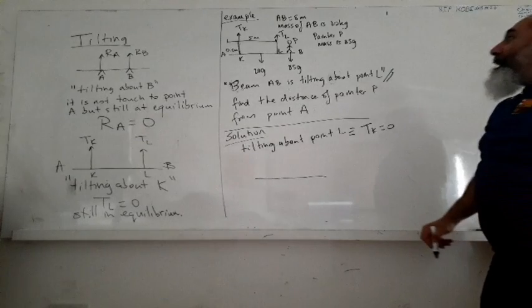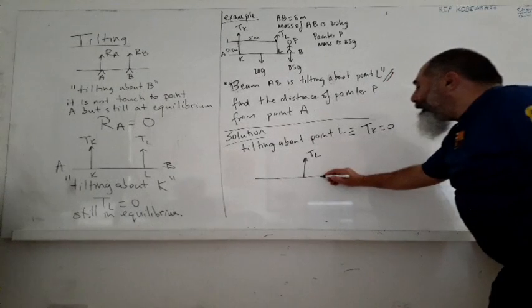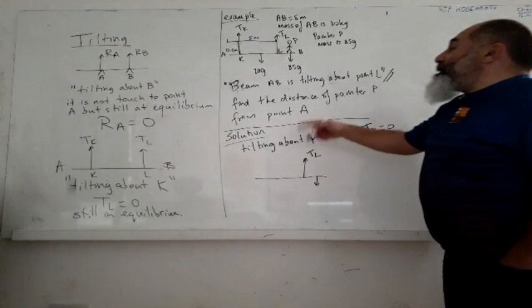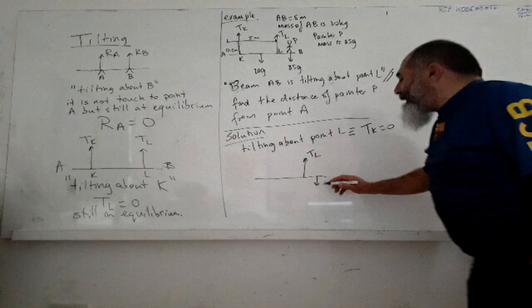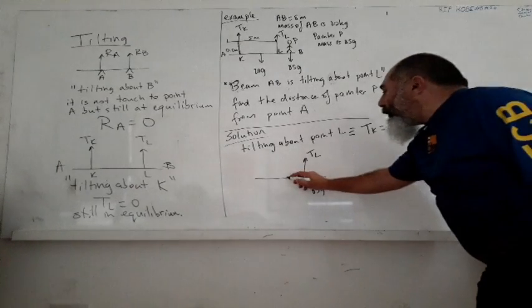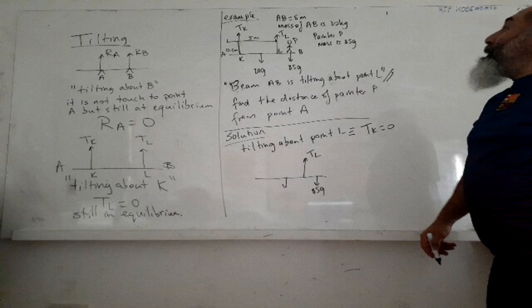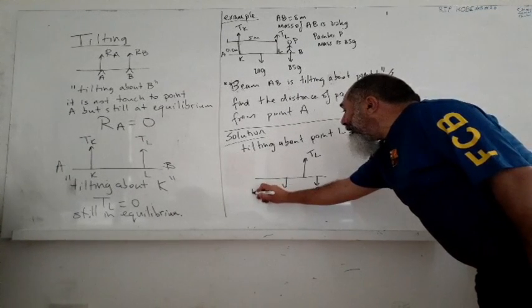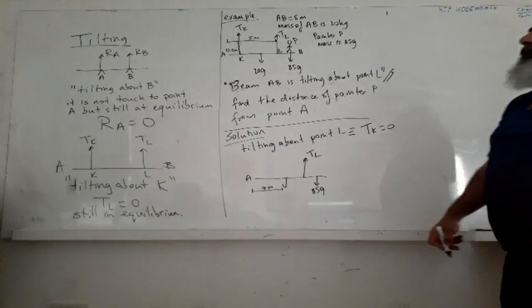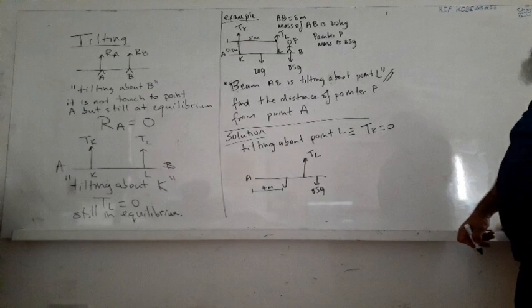Here we have only tension at L. We have the painter here, and we don't know the distance of the painter from point A, but we know its weight, it is 85 G. We know the position of the center of mass of the beam, it is 4 meters from point A because it is at the midpoint. Why is it at the midpoint? Because if we remember from the previous example, it is a uniform one.